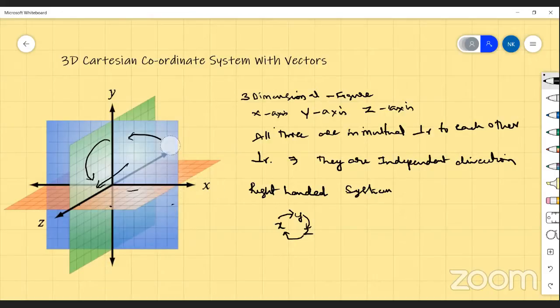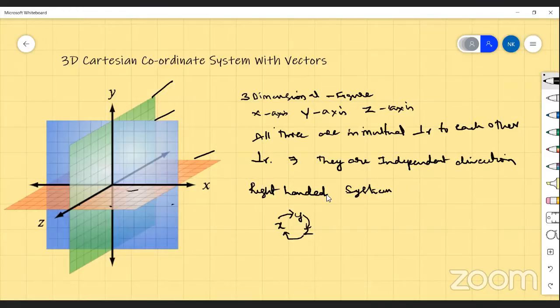Now, there are three planes here. What are the planes here? This is one plane, the orange plane. Blue is another plane, green is another plane.